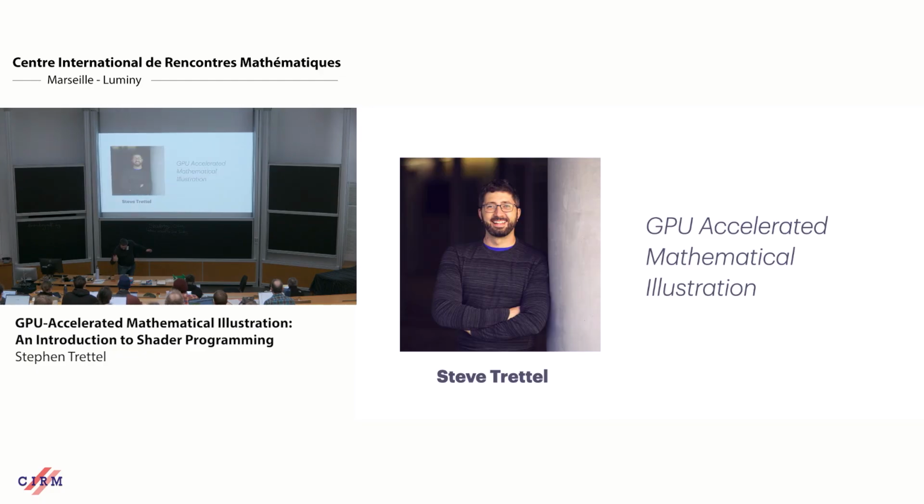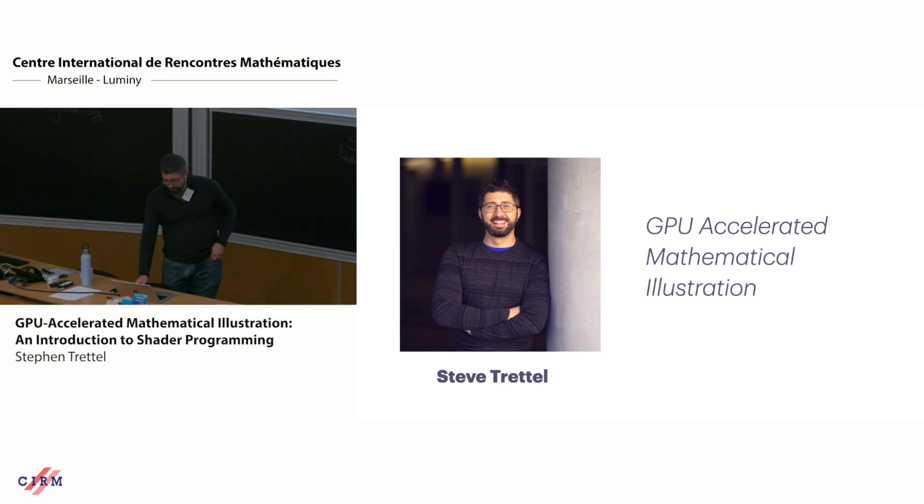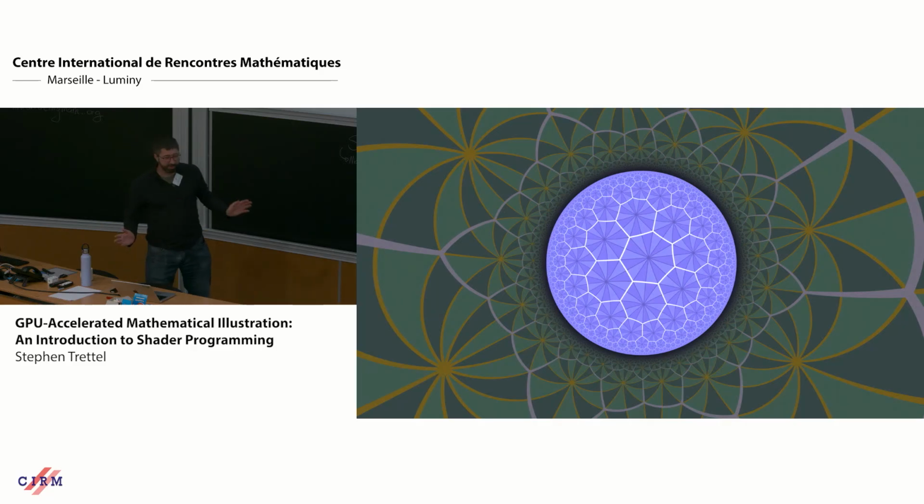All right, so while you're making the account, the mini course is called GPU Accelerated Mathematical Illustration. And I love writing images this way, pixel by pixel with the GPU. I want to show you a couple pretty things first, things we like to think about. I'm a mathematician in low dimensional topology and geometry, like hyperbolic tiling. So here's a nice hyperbolic tiling.